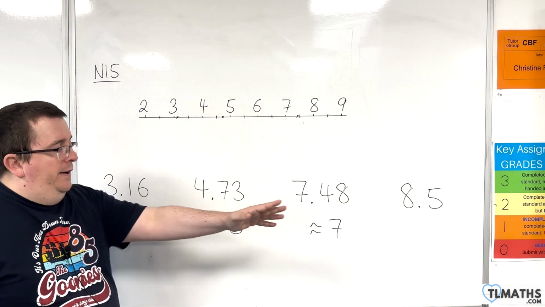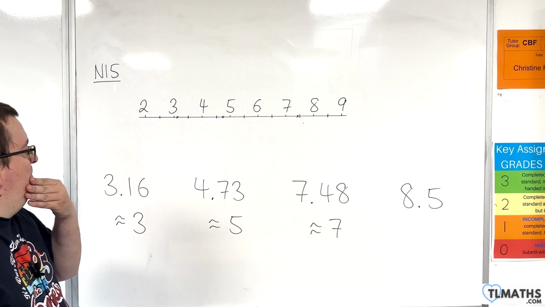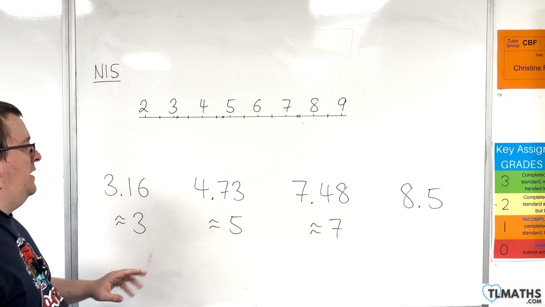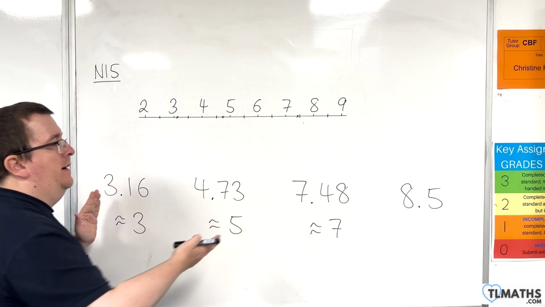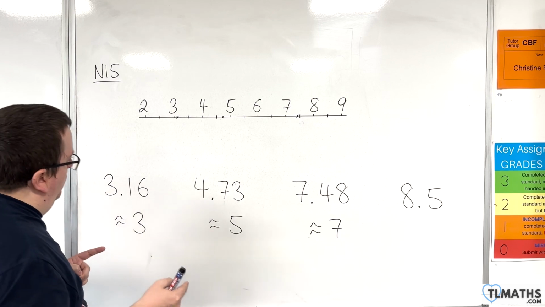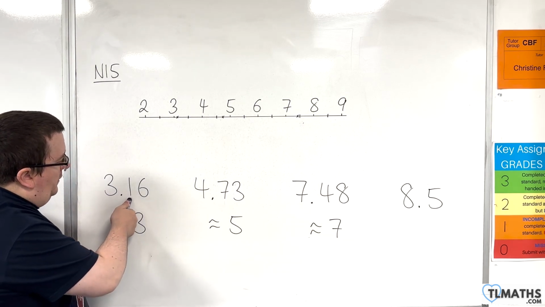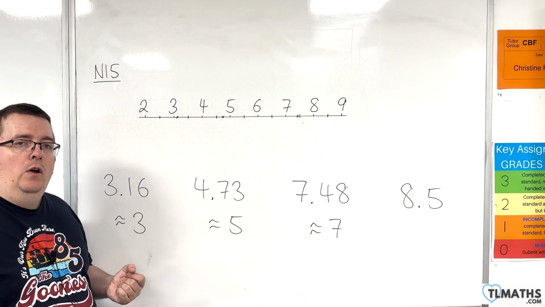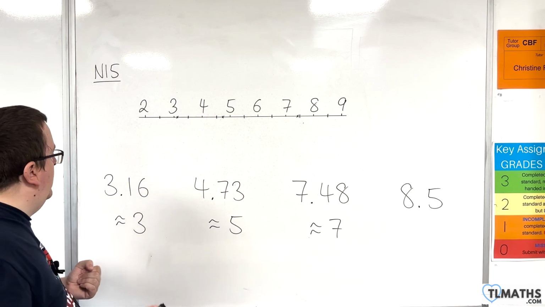Now, before we get on to the last one, let's see if we can think about, well, could we identify it without placing them on the number line? Well, the next digit along is essentially telling me how close it is.